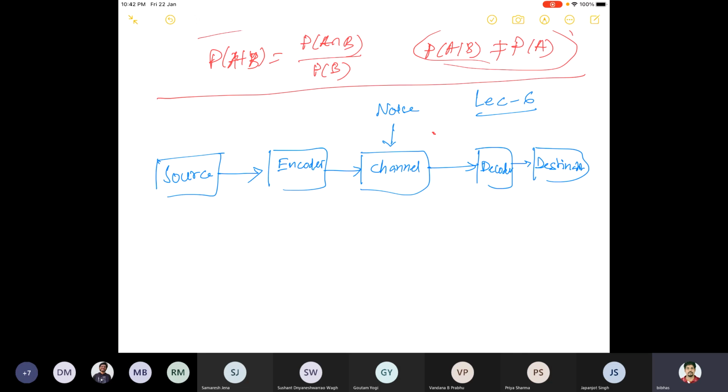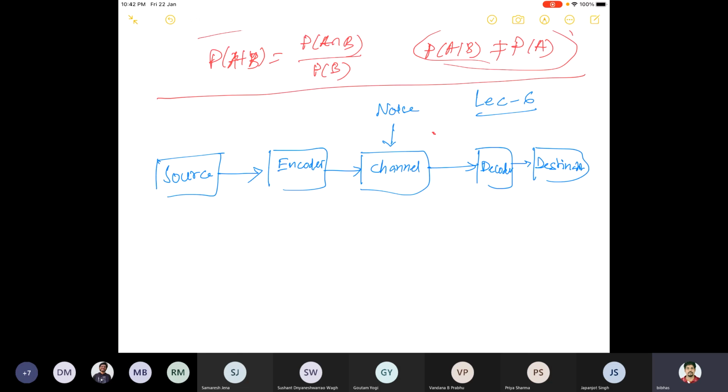But when we study in a classroom situation like this, we only study models which can be mathematically tractable. So this is just a block diagram. This is not a real communication system.